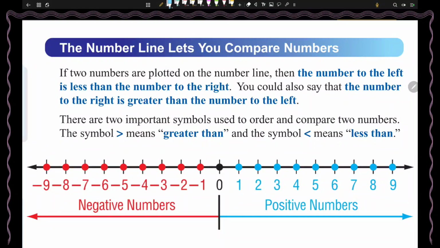So whenever you're ordering numbers and you want to know which number is bigger and which is smaller, you just look which direction the numbers are from each other. Numbers that are bigger are to the right of numbers that are smaller. We can say it a different way: numbers that are smaller are to the left of numbers that are bigger on the number line.